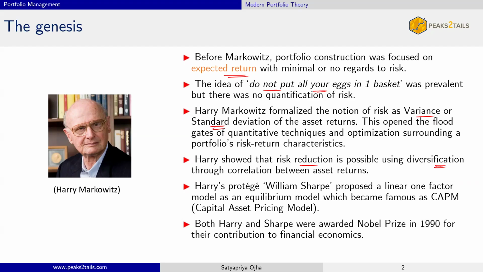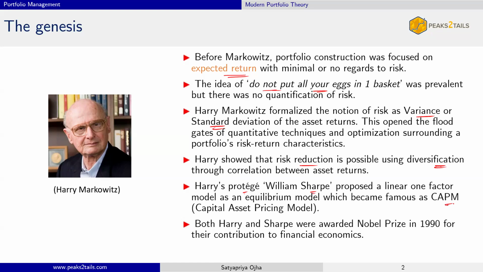After this theory came out, there were a lot of subsequent developments. Harry Markowitz's protege, William Sharpe, came up with the CAPM model, the capital asset pricing model, which we'll discuss later on.